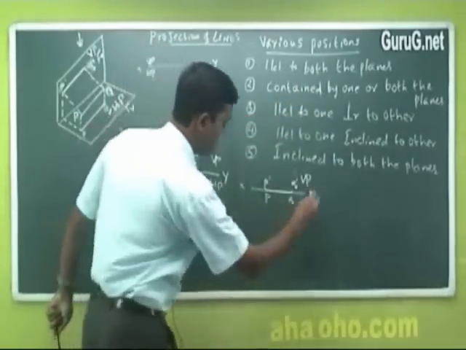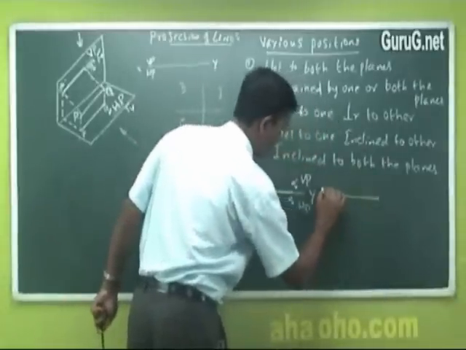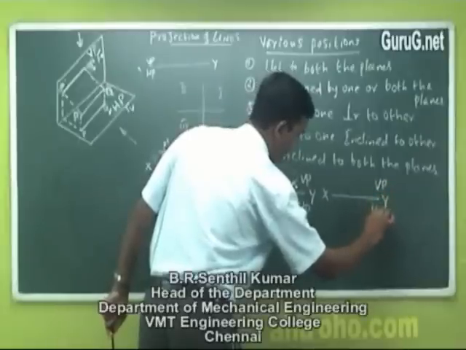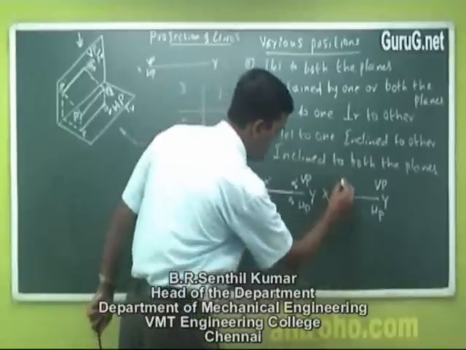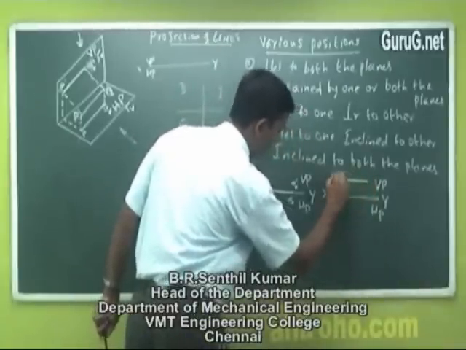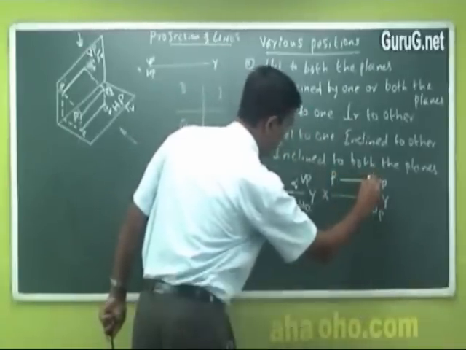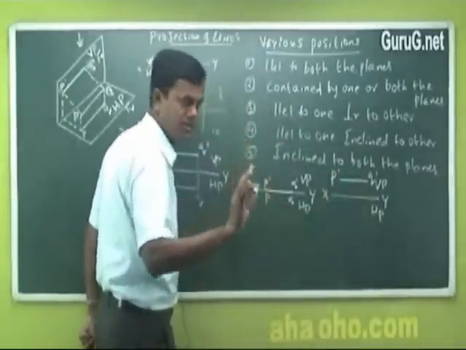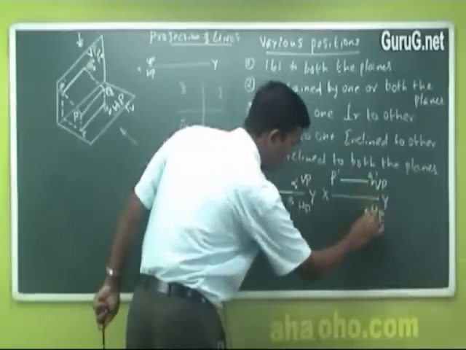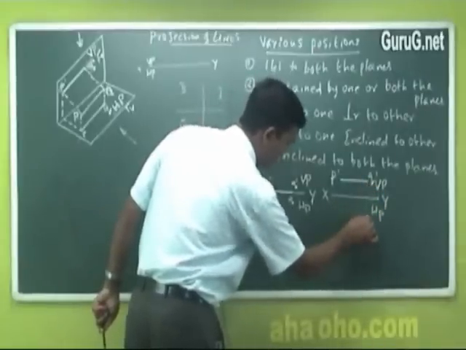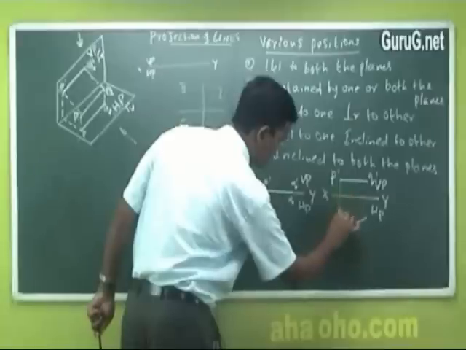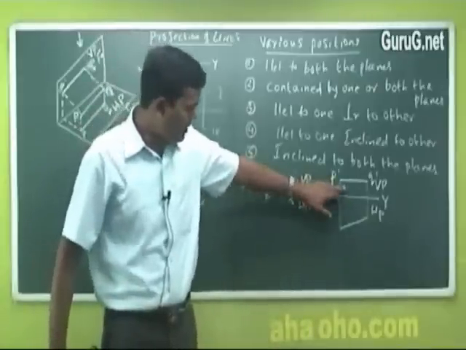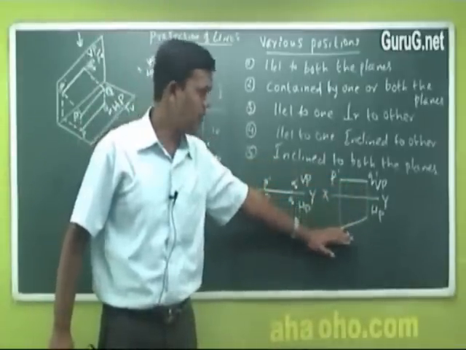That means I'll just write like this. Again X and Y, VP and HP. Now I'll draw a line P and Q. I have a distance of, suppose, 10 centimeters or whatever it is, and next when you come down here, I can take it like this, which means I will say it is parallel to VP but inclined to HP.